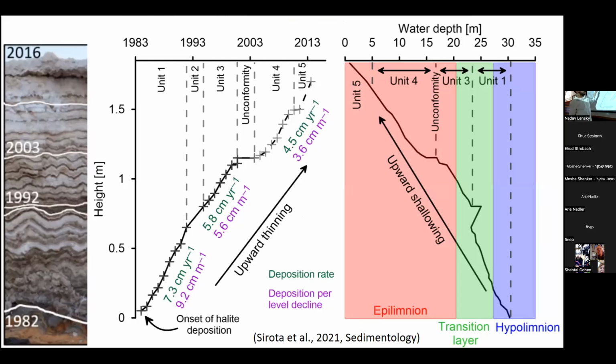So when we go to the age model, let's assume that we are okay with the age model. It's questionable, but let's say that it's okay. So now we can have the thickness with time, and you can see how the thickness changes when you normalize it to the lake level drop. We have here 9 centimeters of salt layer per 1 meter level drop.